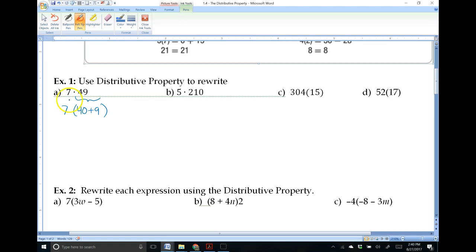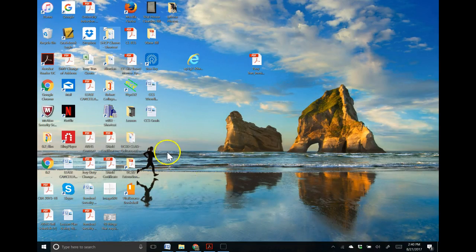So we're going to take this 7 and distribute it to both of these, okay? I'll show all the steps here: 7 times 40 plus 7 times 9. 7 times 40 is 280, plus 63. We go ahead and add these up. This should be 343, okay? And we can check our work real quick.